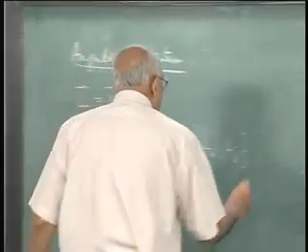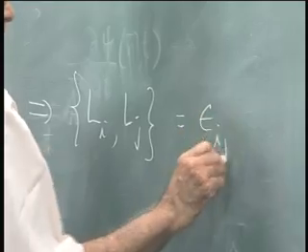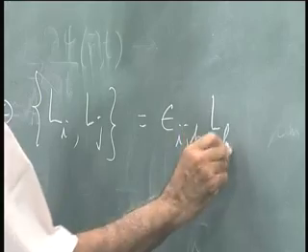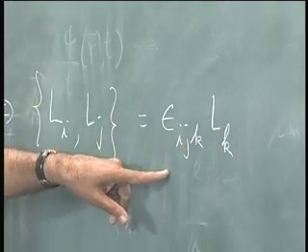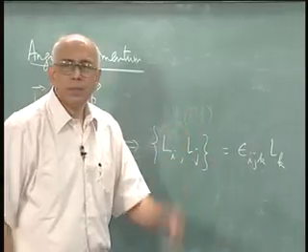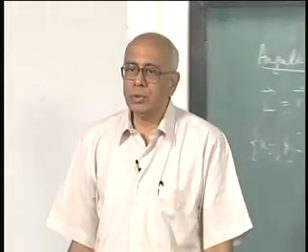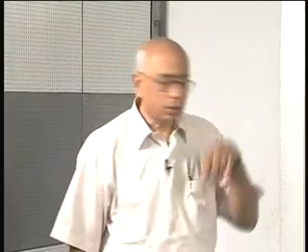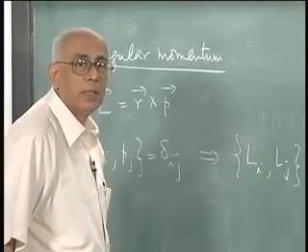So this turns out to be equal to epsilon ijk Lk, where this is equal to +1 if these three are an even permutation of 1 2 3, -1 if it is an odd permutation, and 0 in all other cases. So that is a compact way of writing all the three commutation relations.